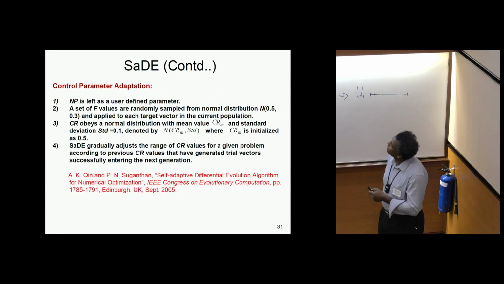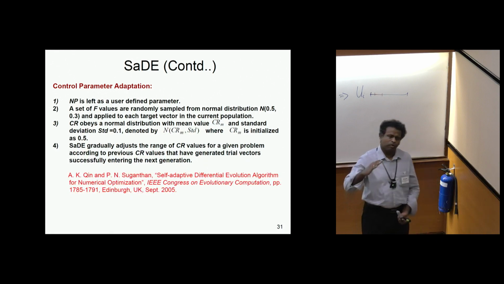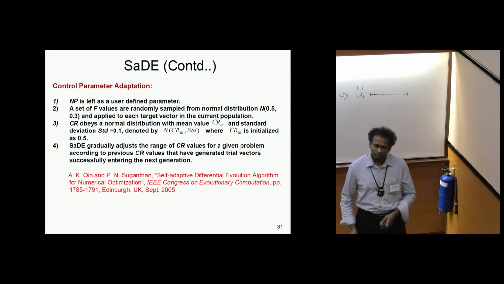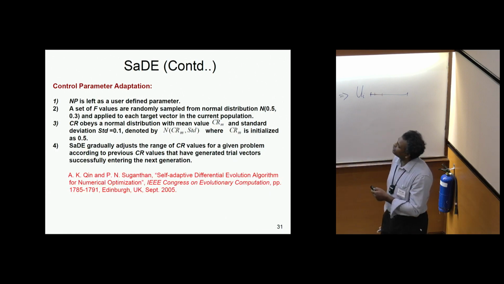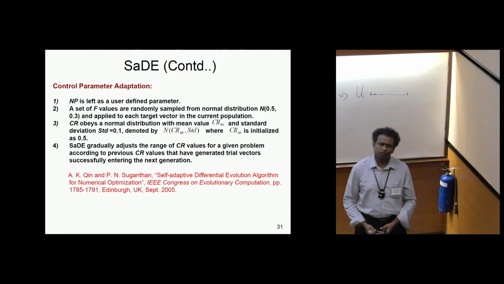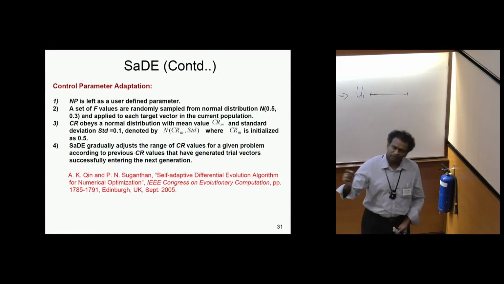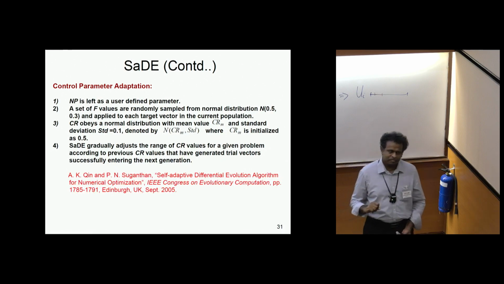Then for every crossover operation, we generate a new crossover value using a normal distribution, 0.5 mean value, standard deviation 0.1. So for every crossover operation, you randomly generate one value using this Gaussian distribution.